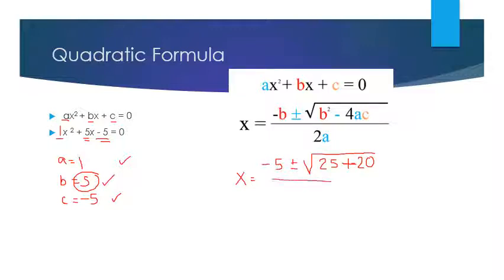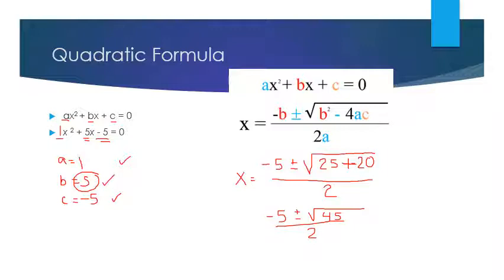And that is going to be a fraction over 2a. And my a was 1. 2 times 1 is 2. So to simplify this, let's see what we can do. We've got negative 5 plus or minus the square root of 45 over 2. Well, I know I can simplify 45 because it happens to be 9 times 5.